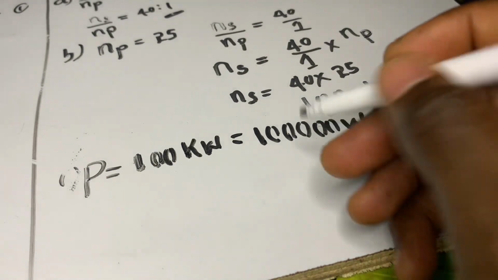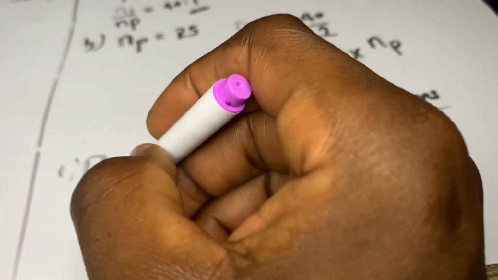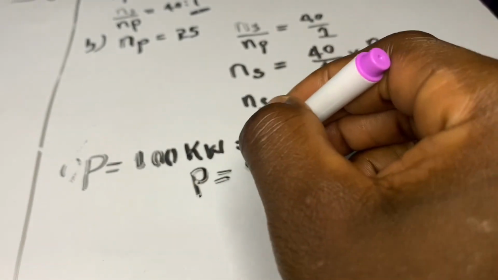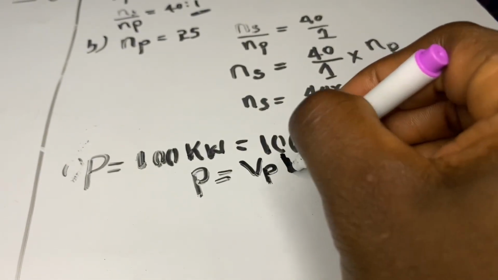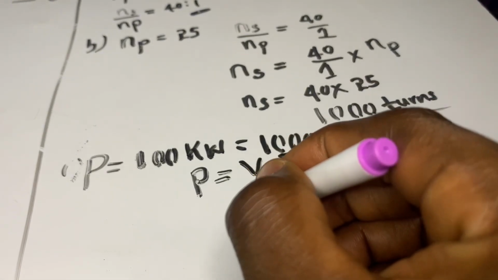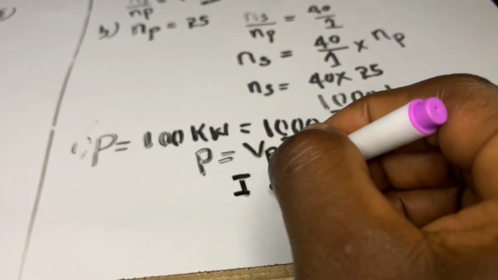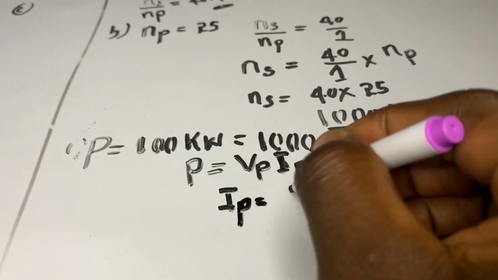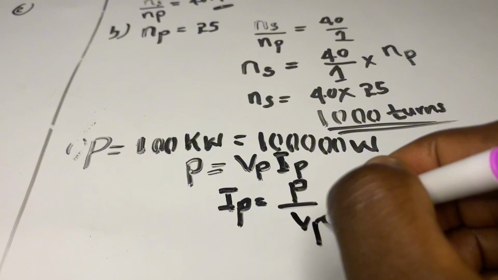All right, but we know the formula for calculating power. The power is equal to the voltage at the primary coil times the current at the primary coil. So we want the current at the primary coil. Current at the primary coil will be equal to the power divided by the voltage at the primary coil.